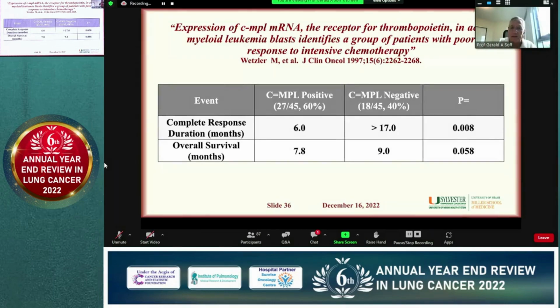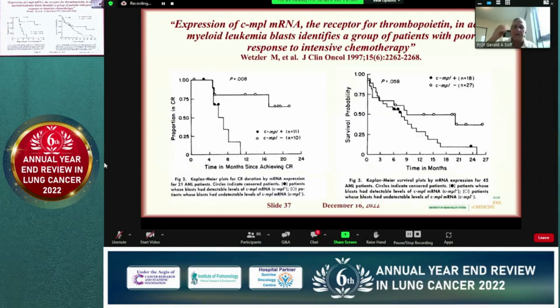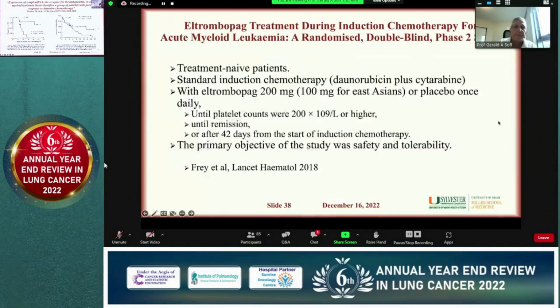Obviously, you have to avoid bleeding, but it gives you a risk that the leukemia goes worse. That's really quite a bad message. So then this is just showing you data in graphic form. Complete remission survival, showing how these curves diverge pretty quickly and remain diverged.